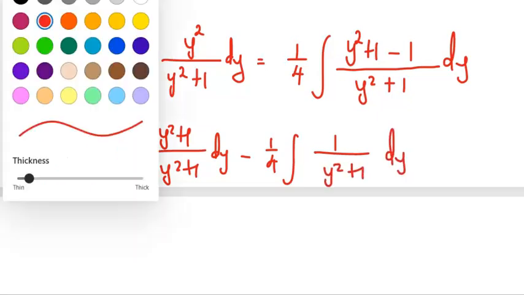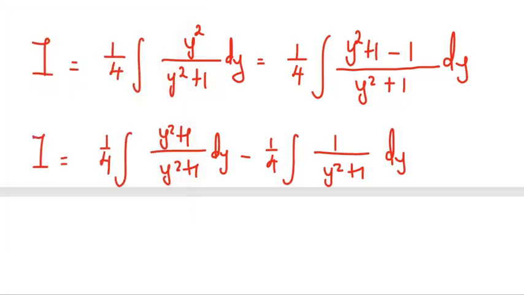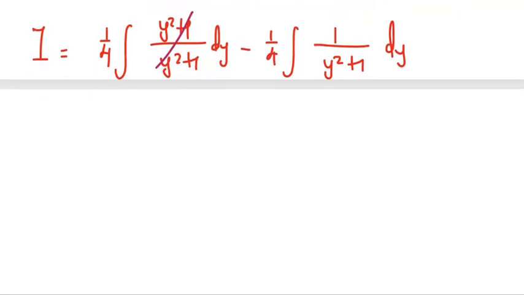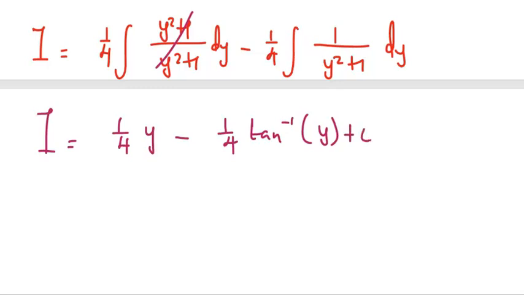So you can see we have some nice and cool cancellations going on. This is 1, right? So here I is equal to 1 over 4 the integral of 1 dy, which gives us y, then minus 1 over 4 the inverse tangent of y, and then plus c.